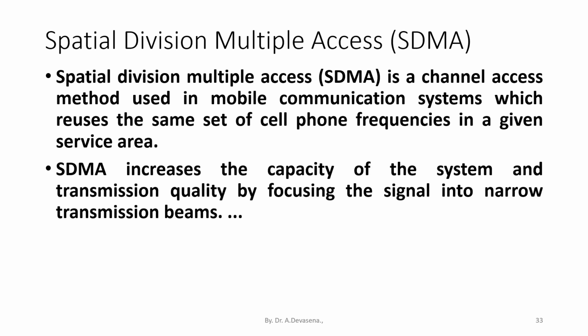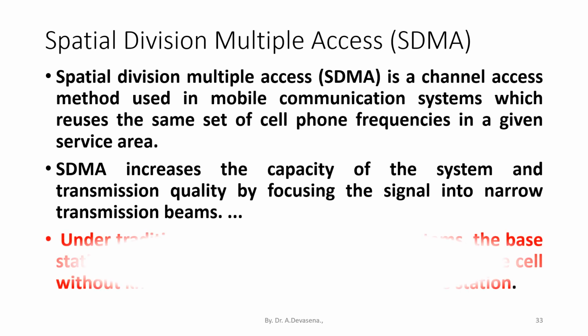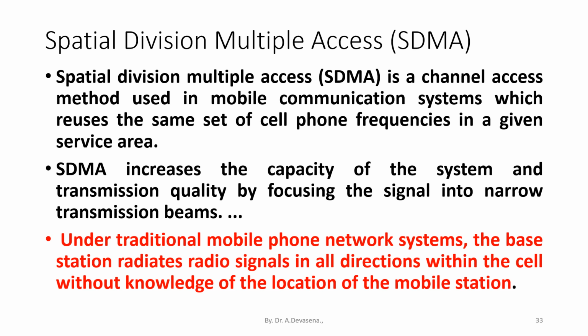SDMA increases the capacity of the system and transmission quality by focusing the signal into narrow transmission beams. Under traditional mobile phone network systems, the base station radiates radio signals in all directions within the cell without knowledge of the location of the mobile station.